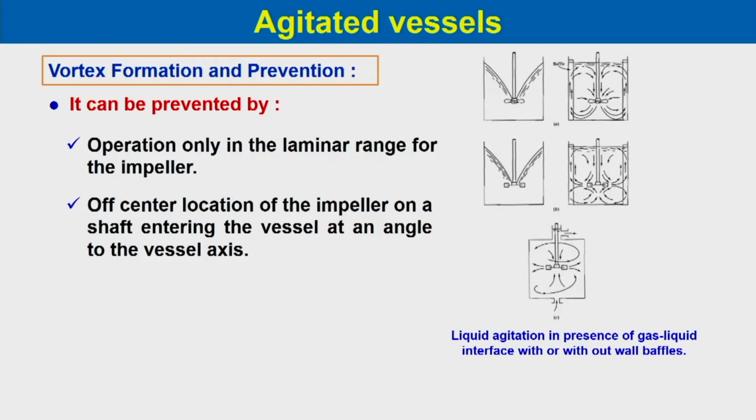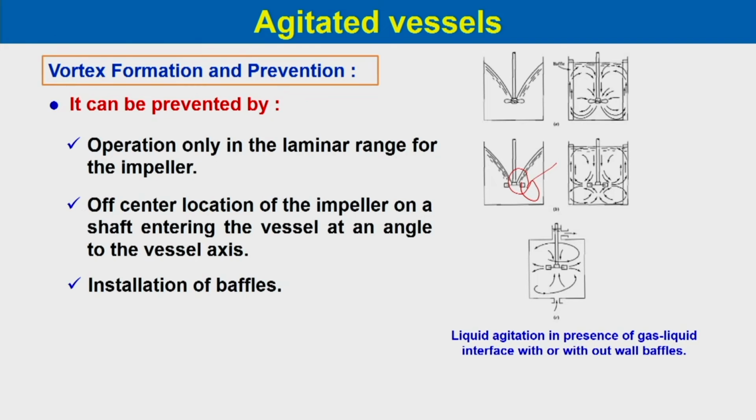Another option is off-center location of the impeller, on a shaft entering the vessel at an angle to the vessel axis. So, if we put some angle like this and put the impeller like this, there may be more agitation compared to putting it centrally.